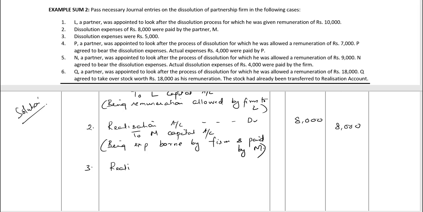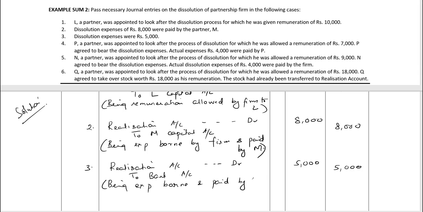Journal entry, realization account debit to bank account, 5,000 rupees. Narration: being expense borne and paid by firm.